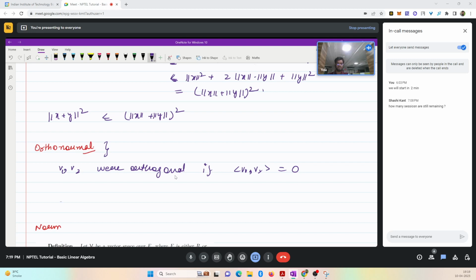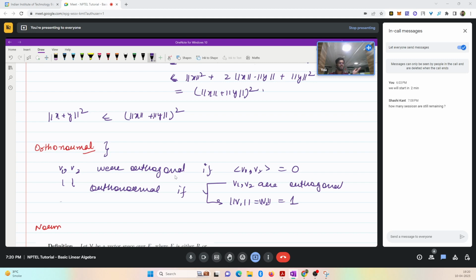Now we call V1 and V2 orthonormal if, first, V1 and V2 are orthogonal, and second, norm of V1 is equal to norm of V2, which is equal to 1.